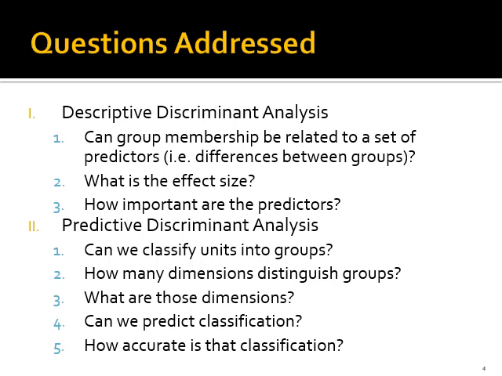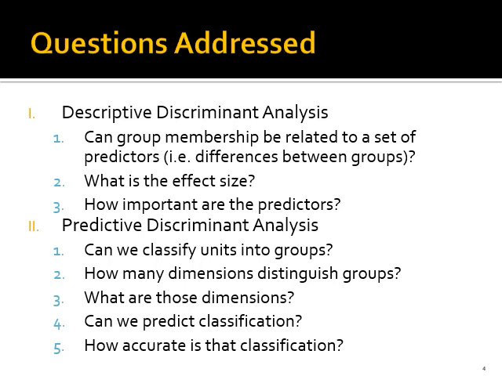So predictive discriminant function analysis moves further. In descriptive discriminant function analysis, when we're talking about the first level, all we're doing is asking, is there a relationship? What is the effect size? How important? So this would be a descriptive study.